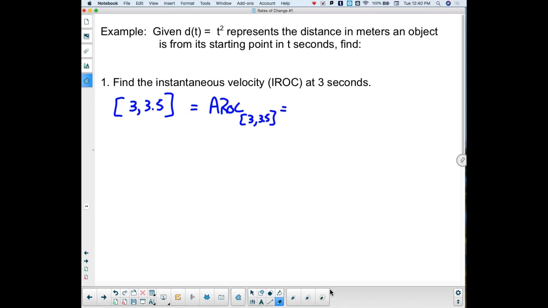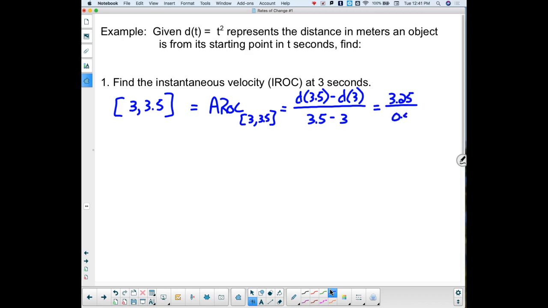Change it up to D. So I'd set it up like that, right? 3.5 squared is what? 12.25. 3 squared is? 9. 12.25 minus 9 is 3.25, right? 3.5 minus 3 is 0.5.